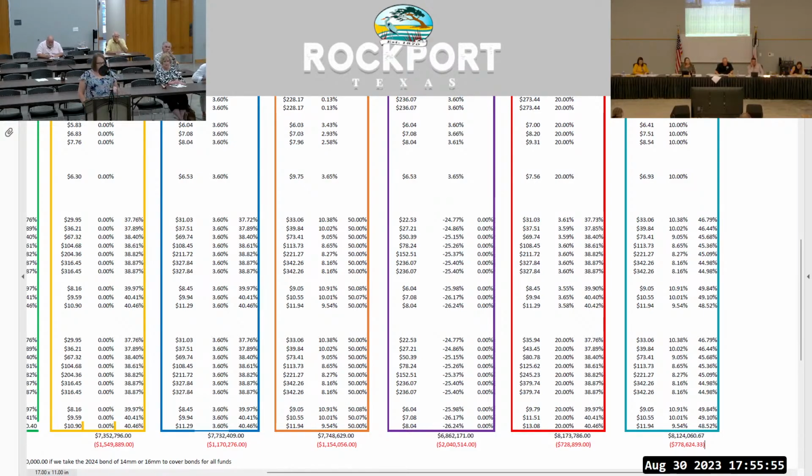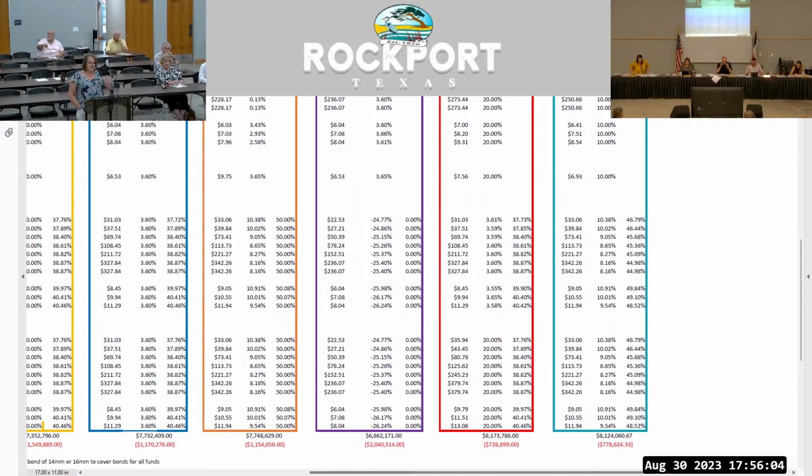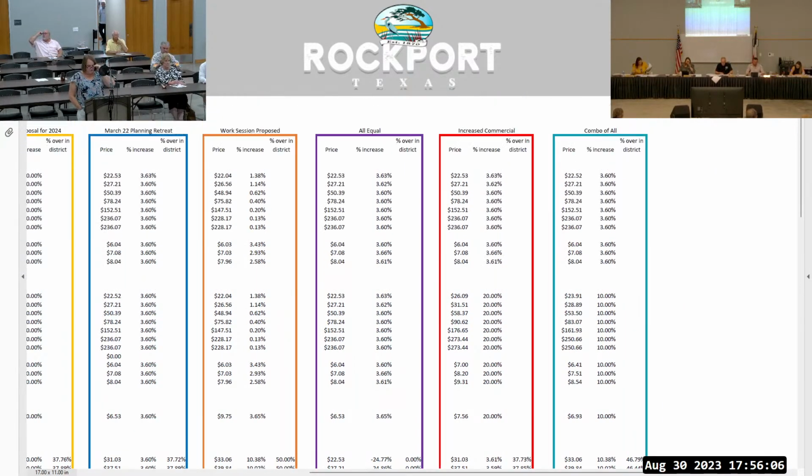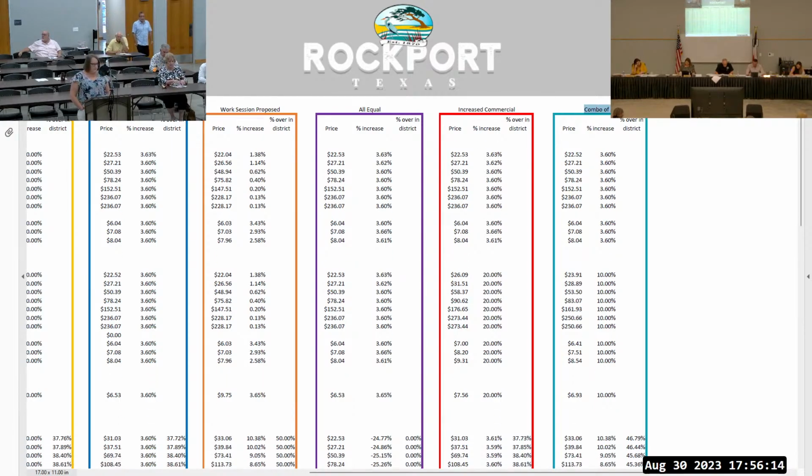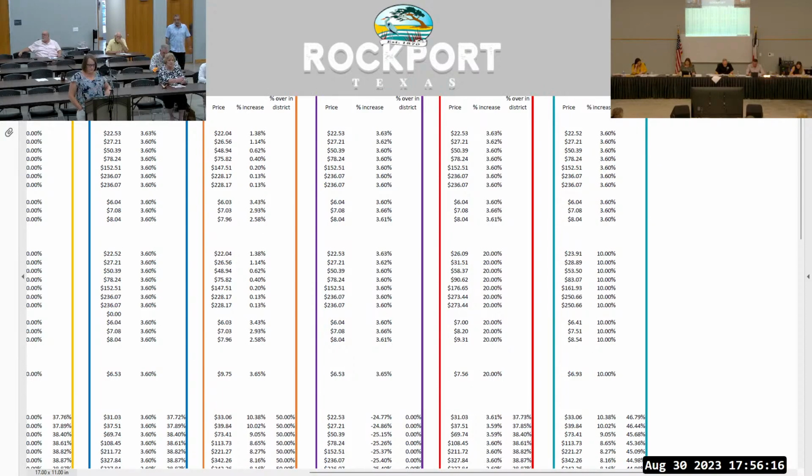So if I might draw your attention to the blue box, I guess the lighter of the blue boxes towards the end. I think the top is labeled combo of all. That gives minimal increase on your residents. It gives a little bit higher rate of commercial.